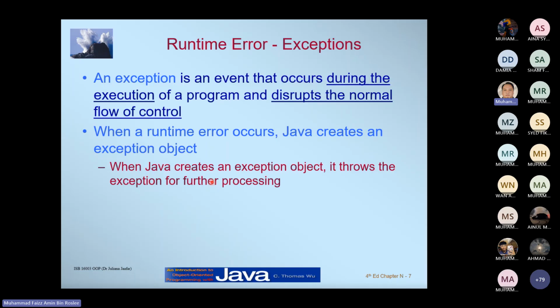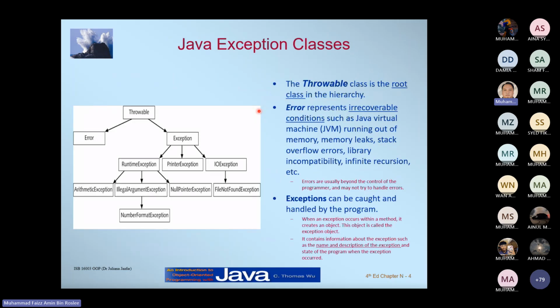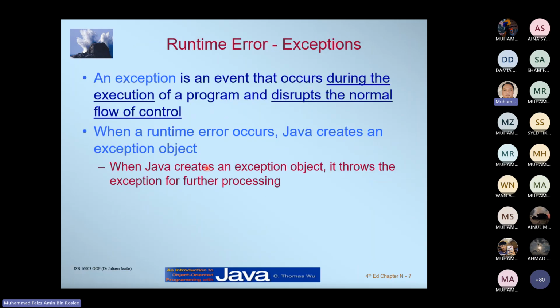When you stumble upon a runtime error, basically how it works in Java, it will create an exception object from the bunch of classes you can see in here. It will create one of the exception objects in here, and it will define which category the exception is based on the error, and will throw the appropriate error message, right?